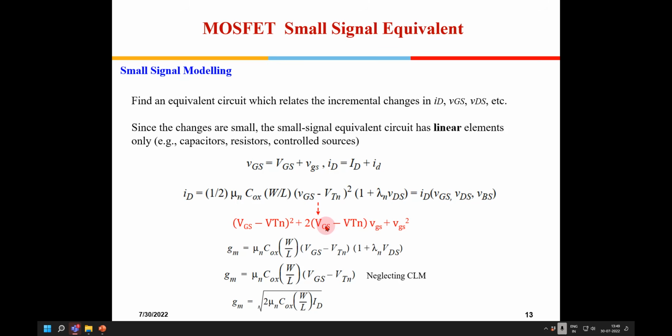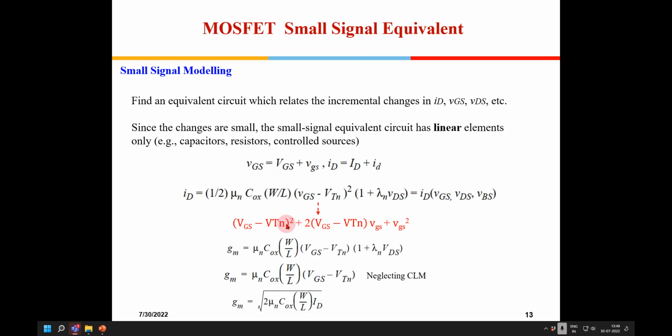I think these things should have been in suffix, this T. I am expanding this, right? Now this first term is constant, the DC voltage. This is something which has a variable, that is small vgs. This is again a variable. Now this vgs is very, very small, so the square term I can neglect.